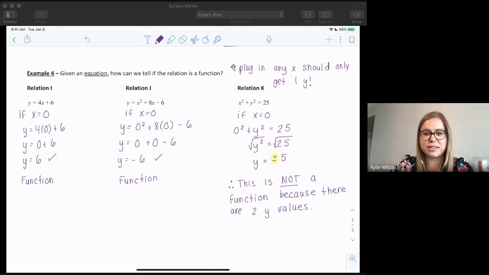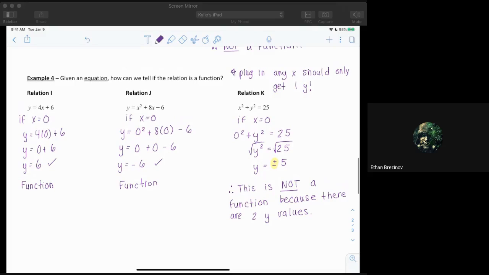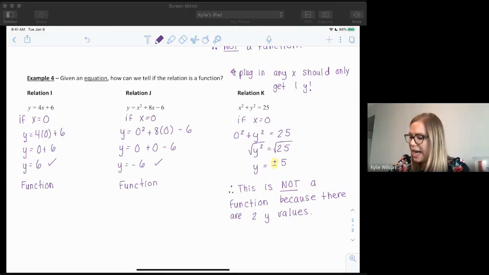Yeah, Ethan. Could you justify whether it's a function or a relation based on the parent function or relation? Yes, you can, actually, as long as all of our transformations, and we'll get to that for anybody who's kind of unfamiliar with this, we will be getting to what I'm about to say in lesson 1.6.